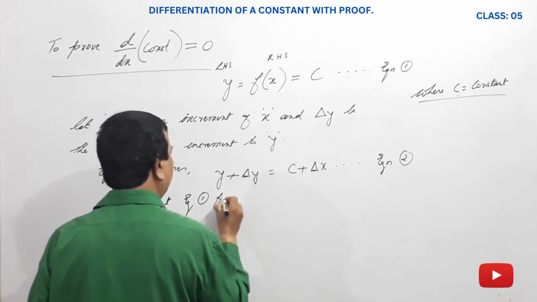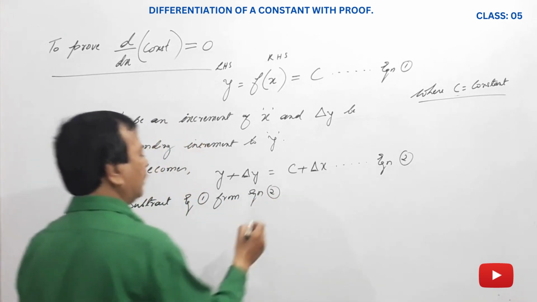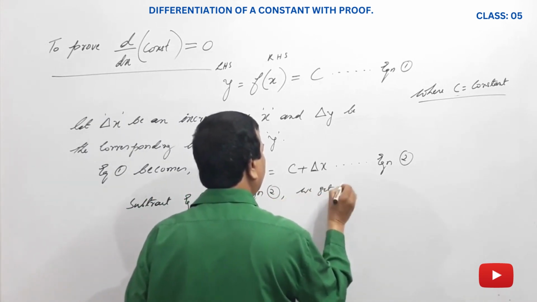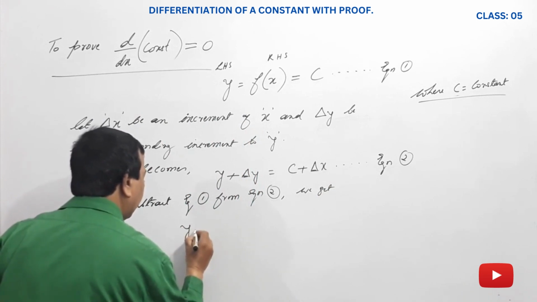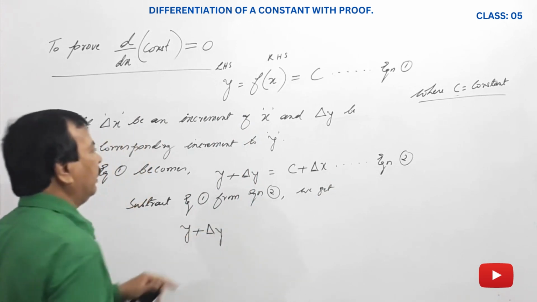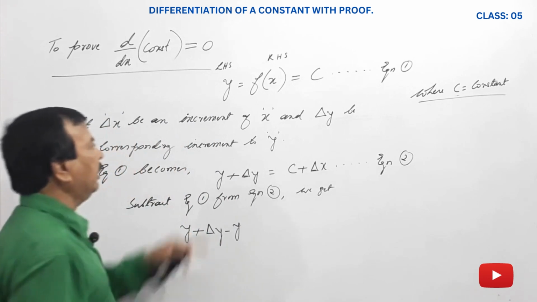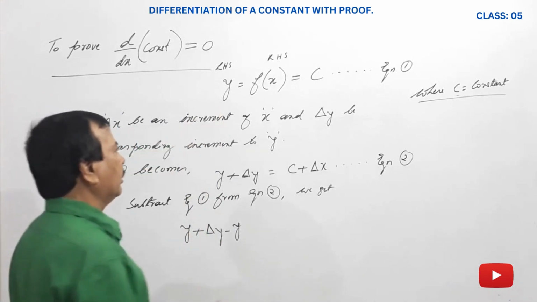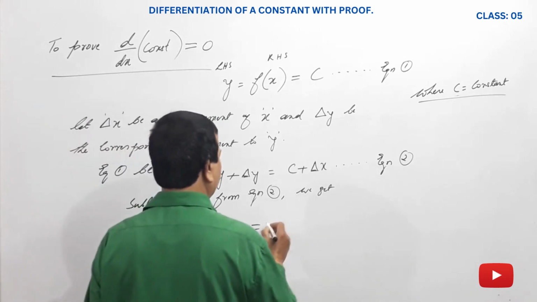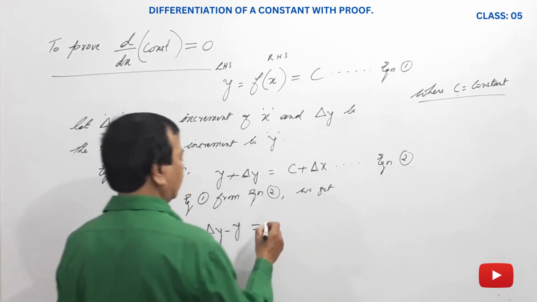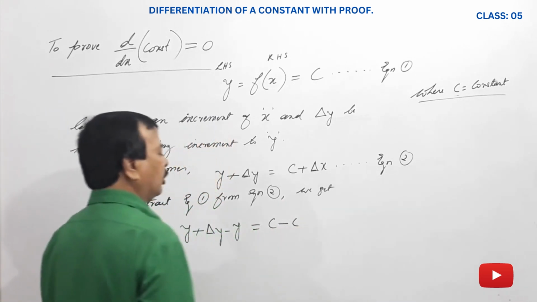On the left hand side, we get y plus delta y minus y, equals, on the right hand side, c minus c.